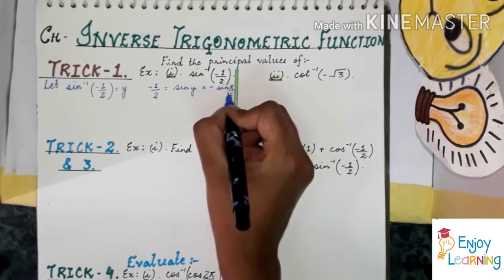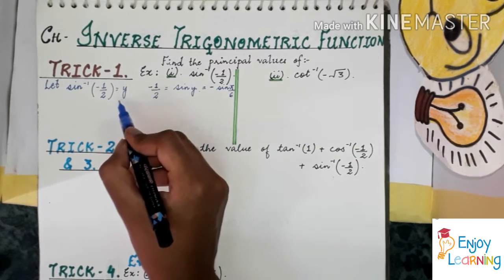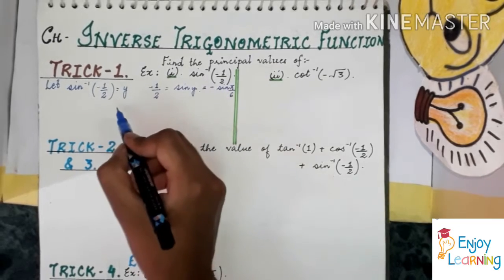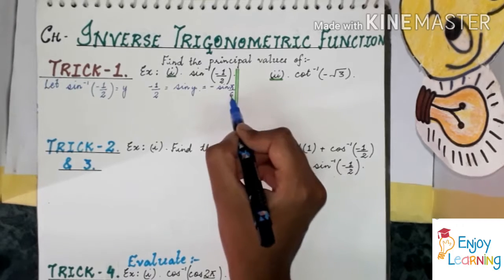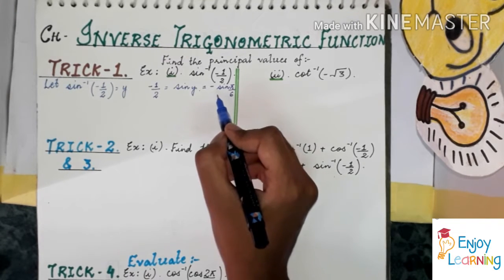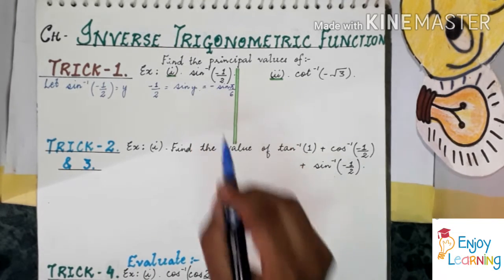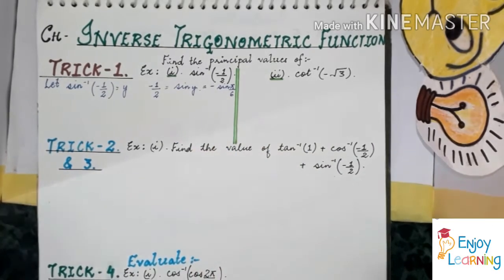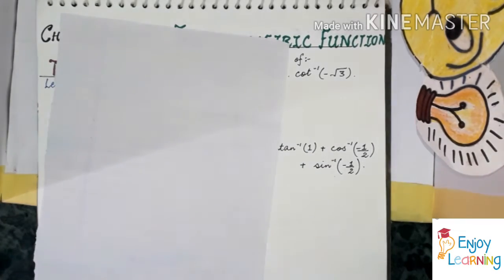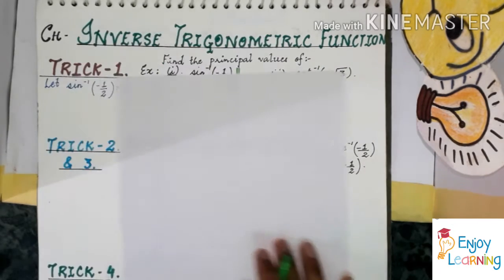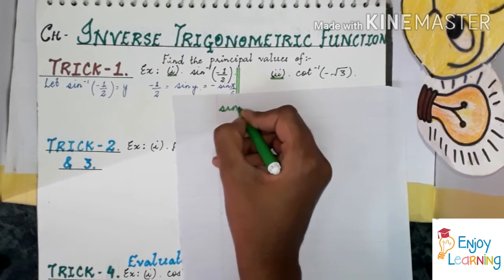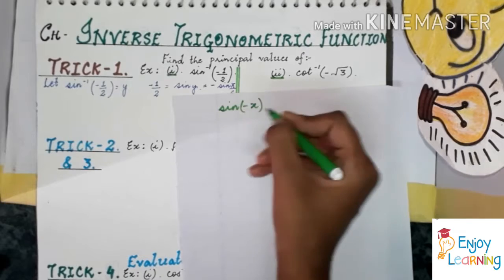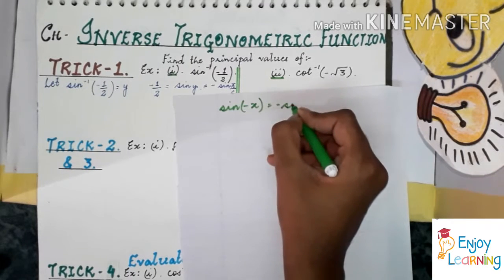Now, you have to find the value of y. See, sine inverse minus 1 by 2 is y. So how will you find the value of y? When you make this function and this function identical. But firstly you have to remove this negative sign. So here you will use an identity which is sine minus x is equal to minus sine x.